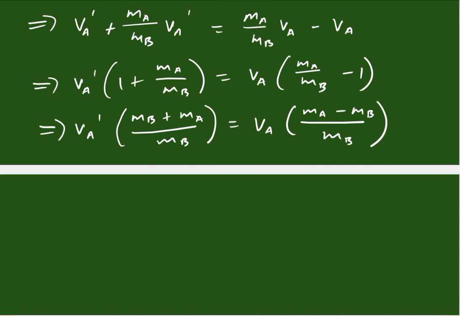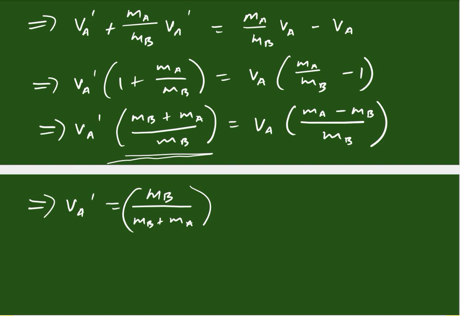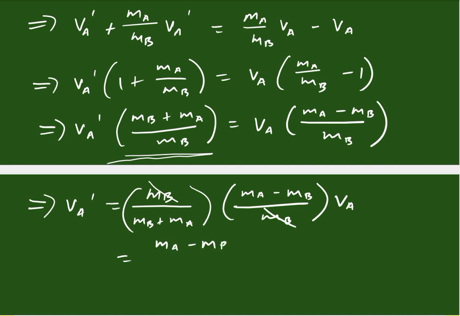Now we want to isolate va prime, so we end up with va prime is equal to mb over mb plus ma multiplied by ma minus mb over mb times va, and then of course the mb's will cancel here, and then we just end up with ma minus mb over ma plus mb times va.